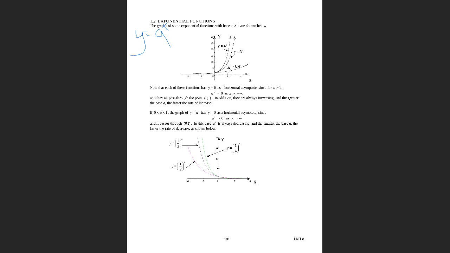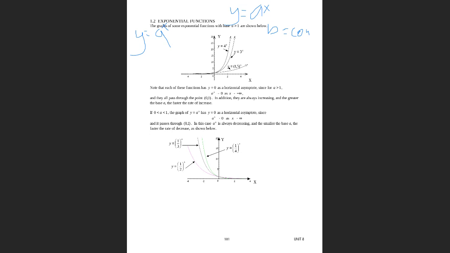But also we have to know that the exponential function is given by y equals a exponent x. Now, there can be a constant, say b, in front of the x.